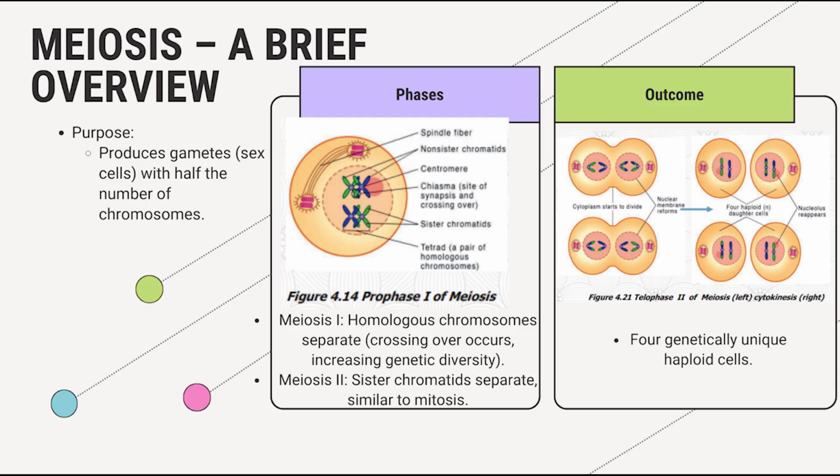Then during meiosis 2, sister chromatids separate, similar to mitosis. The result is four haploid cells, each with half the number of chromosomes, which contributes to genetic variation. Figures 4.14 through 4.21 illustrate the stages of meiosis.